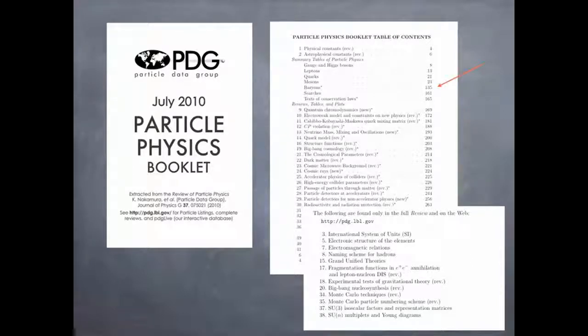One is that we're going to be working with the baryons a lot right away, and I also want to point out that these guys have a whole chapter set aside for Monte Carlo techniques, so I'm not making this stuff up. People really use this to get work done, and so as I'm encouraging you to use Monte Carlo techniques in your computing projects, understand that it's a skill that may prove useful in the future. Okay, so let's get back to those baryons.